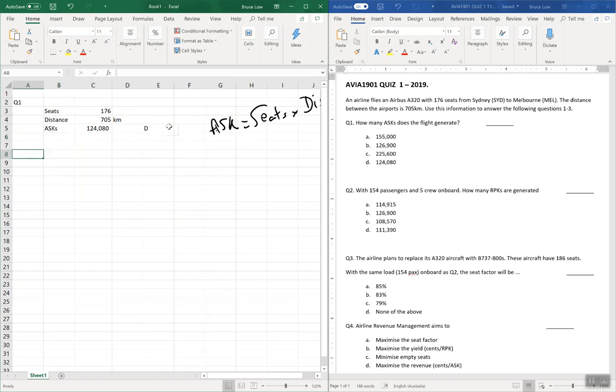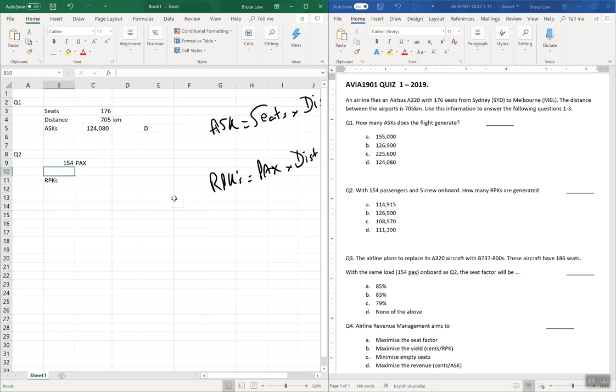for question 1. Question 2, with 154 passengers and 5 crew on board, how many RPKs? Okay, so hopefully you know this one: your RPKs equals your passengers times your distance, and passengers are revenue passengers, so it doesn't matter that there's 5 crew on board because they're not paying passengers.